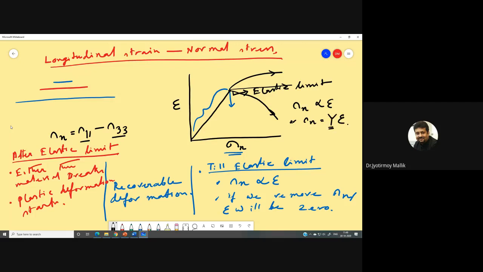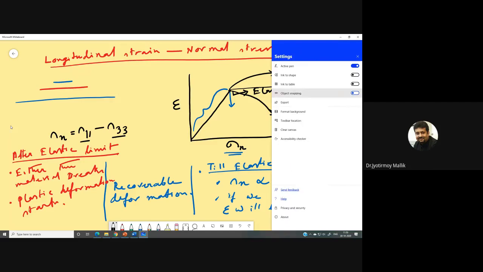Y here is called the Young's modulus, and this equation is called Hooke's law. I'm sure you have heard about Hooke's law before. So this is how longitudinal strain and normal stress depend on each other, and that is how we have defined the elastic limit.